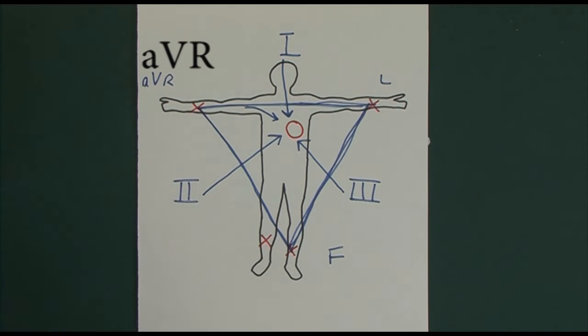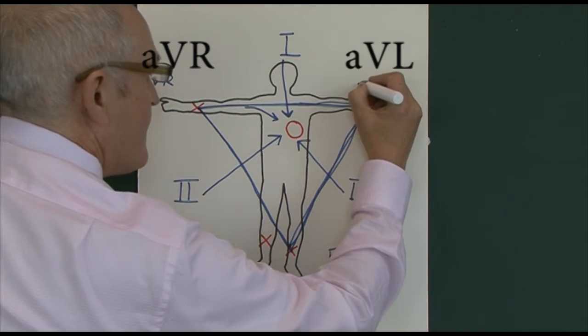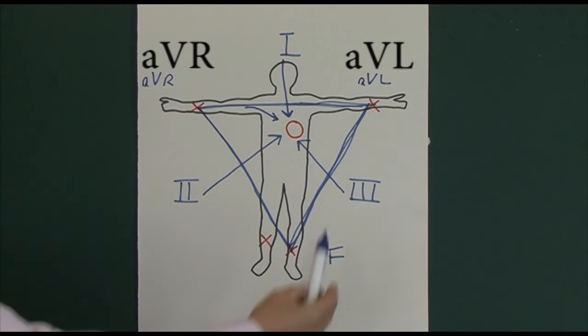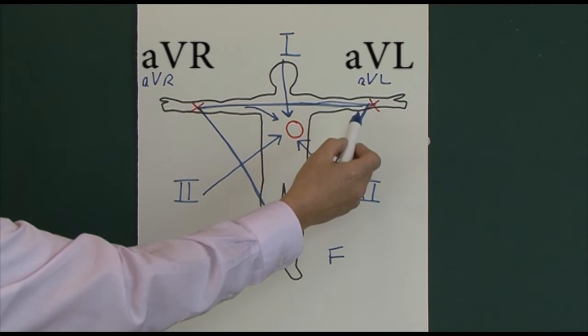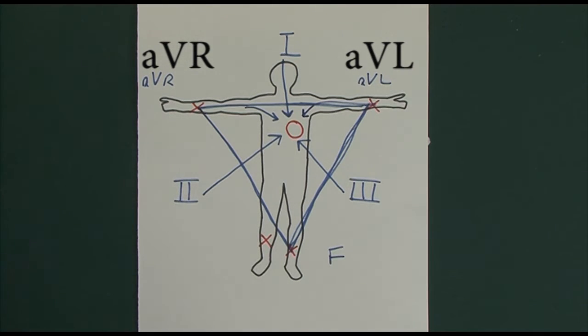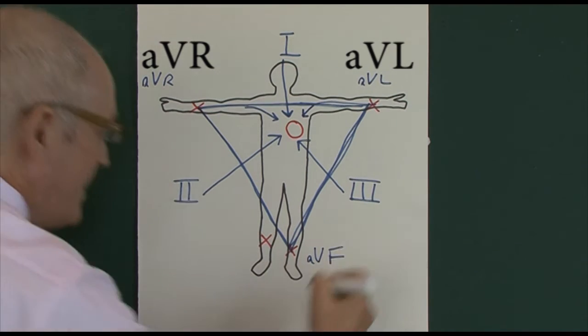So it's augmented voltage right, looking at the heart from this side, and this is just a one pole view. It's a unipolar electrode. And the next one after AVR is AVL. So AVL is augmented voltage left, and that's again unipolar, and it's as if it's looking at the heart through the left shoulder. It's looking at it from this direction here. So again, that's giving us another view of the heart. And then the next lead, the sixth lead, is AVF.